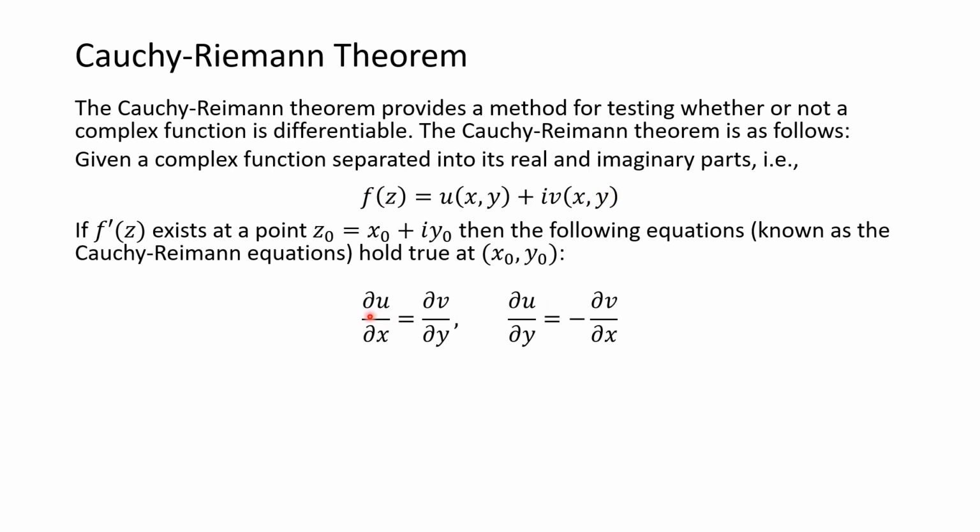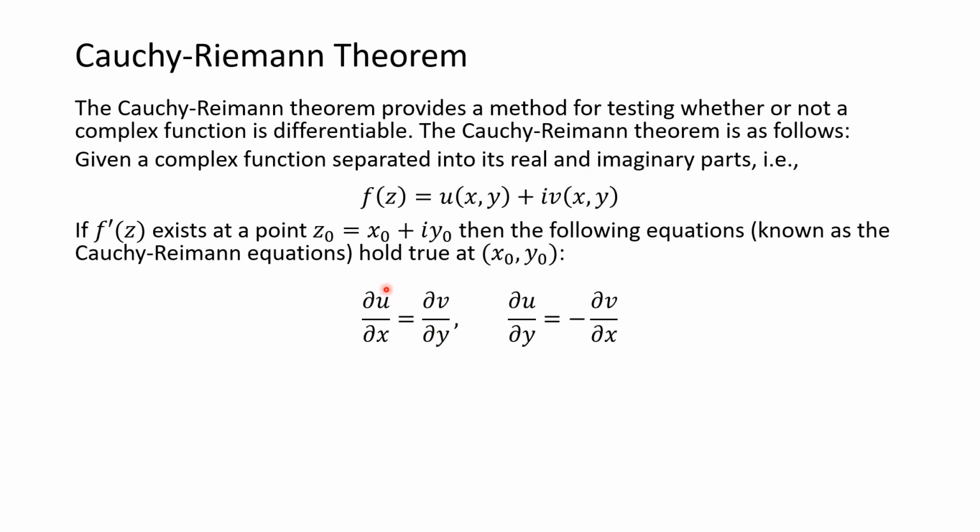So the partial derivative with respect to x of u should equal the partial derivative with respect to y of v. And the partial derivative with respect to y of u needs to equal the negative of the partial derivative with respect to x of v. And of course, we evaluate these at a given point if we're interested in differentiation at just one point. But normally, we'll do it for the entire domain of the function.